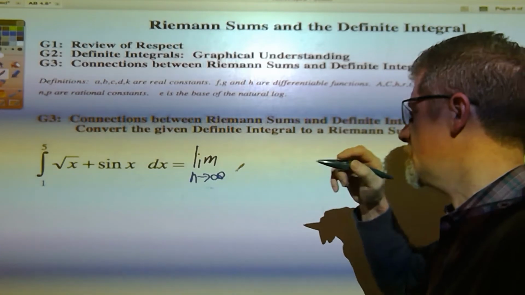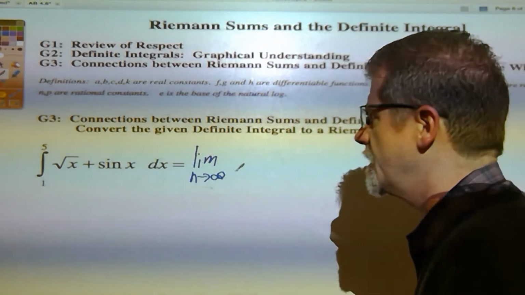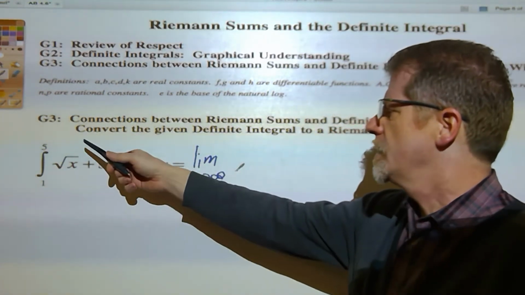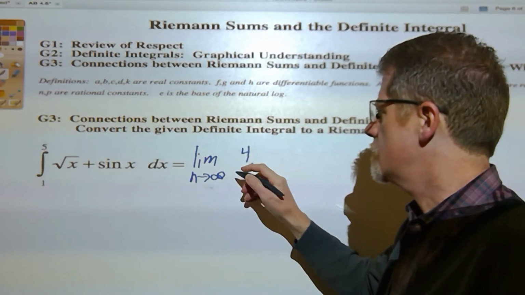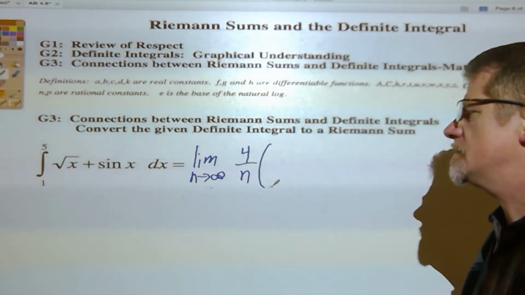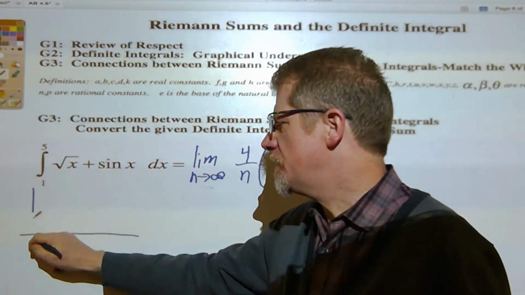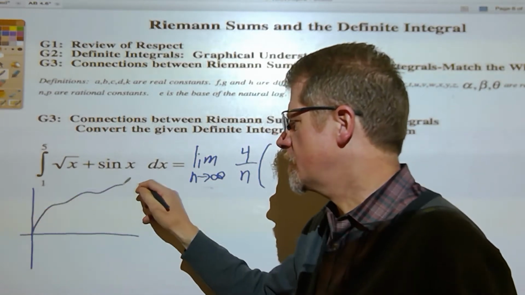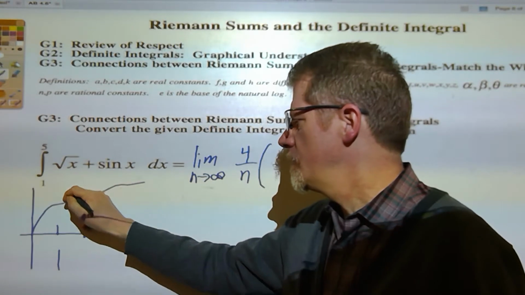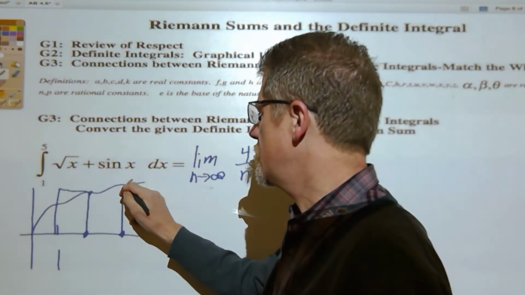So it's a limit as n approaches infinity of all of the rectangle widths, and the widths are b minus a over n. So b minus a is 4, 5 minus 1 is 4 over n. Those are the widths, so I factor those out. And the first length, if I were to draw just a little bit of a generic graph here, starting at 1, so right-hand Riemann sum, the first rectangle, the second rectangle, and the nth rectangle are the only ones I need to draw.